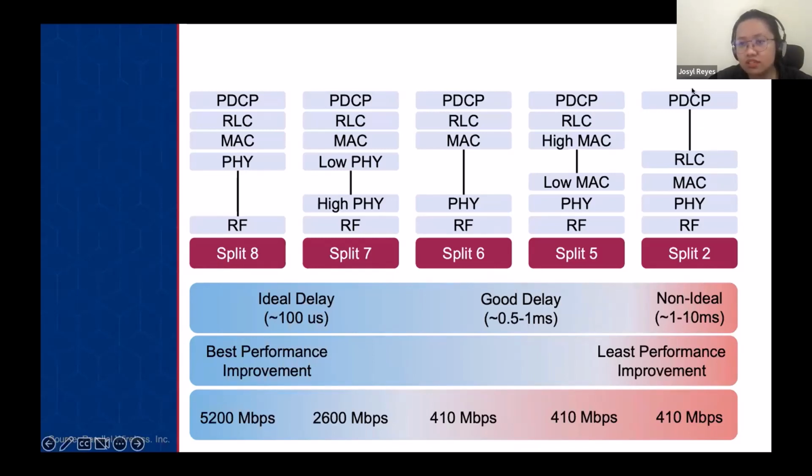But since these are the higher layer functions, it's not as critical to sending data. Okay, so it also indicates the best performance improvement and the expected rates for the particular interface.